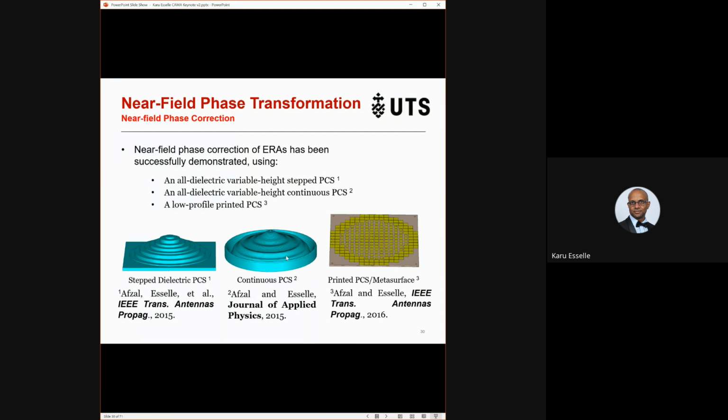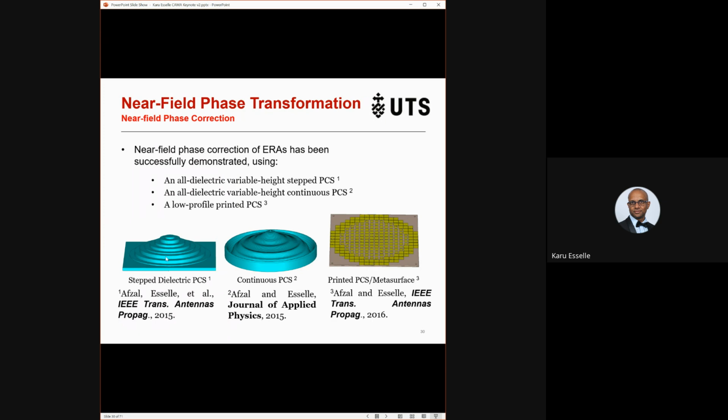This is a structure we published in a physics journal, the Journal of Applied Physics, for another antenna. Ideally, the all dielectric structure should have a shape like this. In most of the antennas we dealt with, the phase error has rotational symmetry, so the correction surface also has rotational symmetry. And this one, as I said, we stepped for ease of machining.